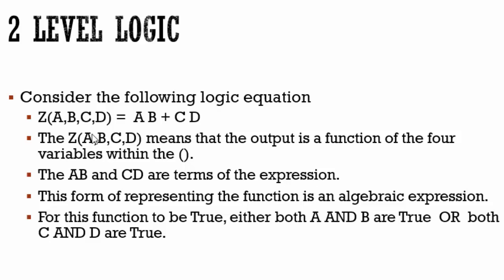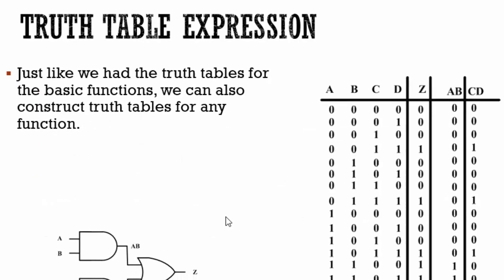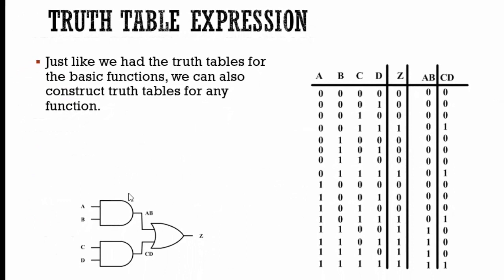So this form of representing the function is an algebraic expression, a Boolean algebraic expression. For this function to be true, either both A and B are true, or both C and D are true. So we will understand all the more with the next slides.